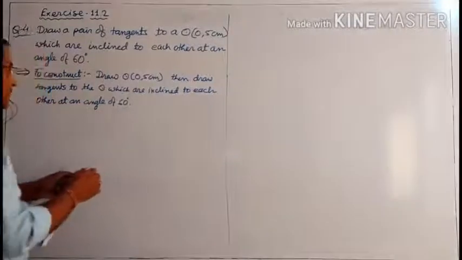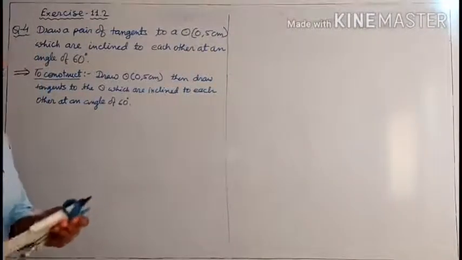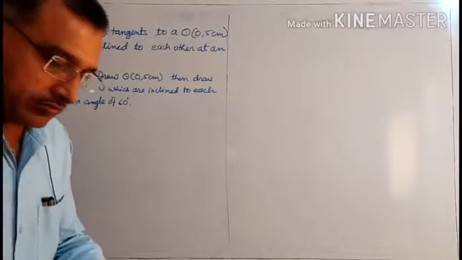So first of all, we have to draw the circle with center O and the radius 5 centimeter.